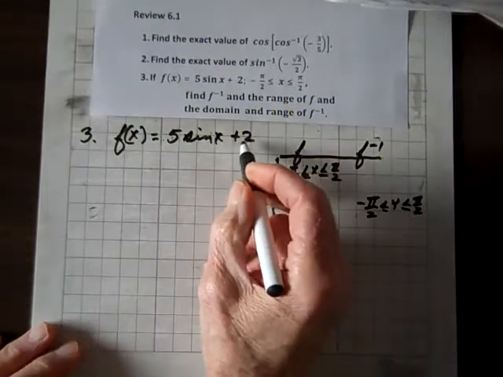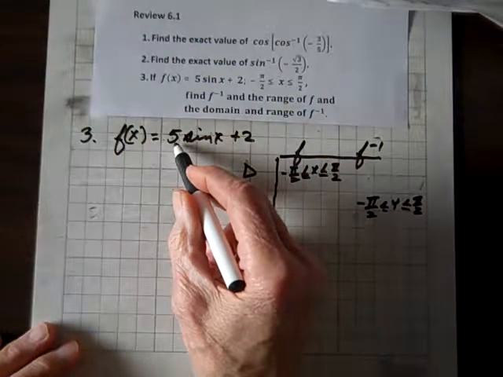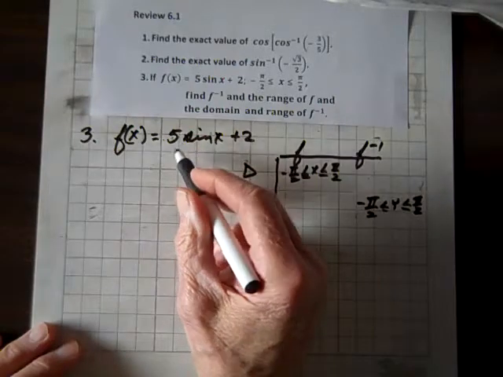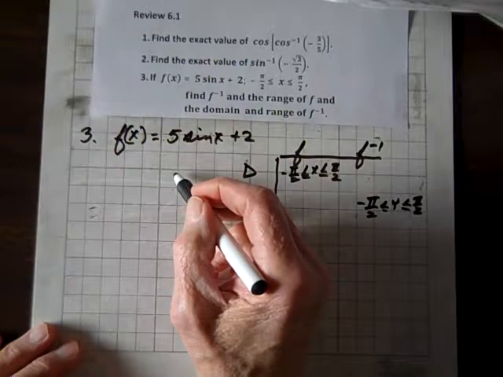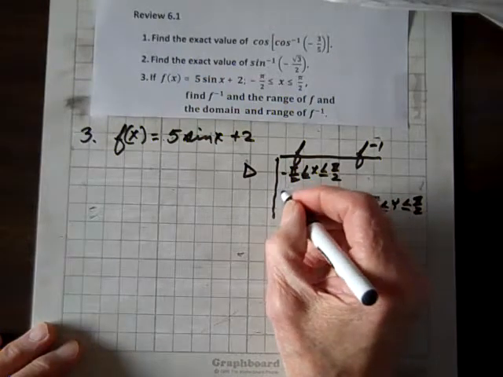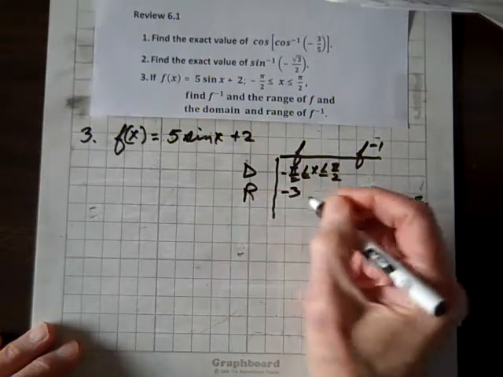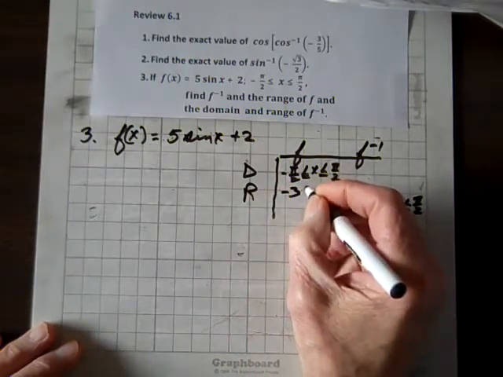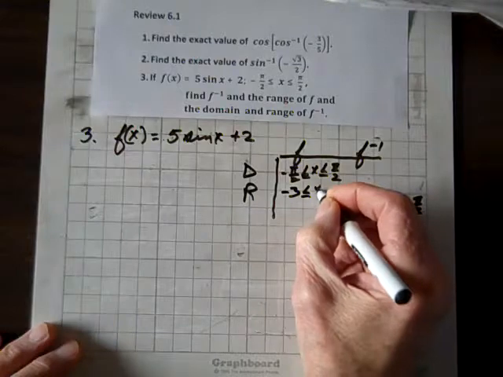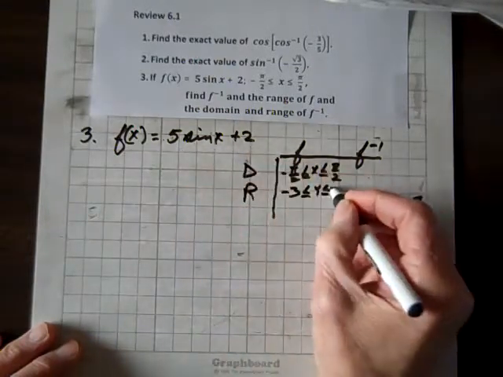And now we have a center line at 2, and the amplitude is 5, so we're going to go 5 units above 2 and 5 units below 2. So therefore 2 minus 5 is going to be -3, and we're talking about the range of these functions now. -3 is less than or equal to y, which is less than or equal to, and 2 plus 5 is going to be 7.